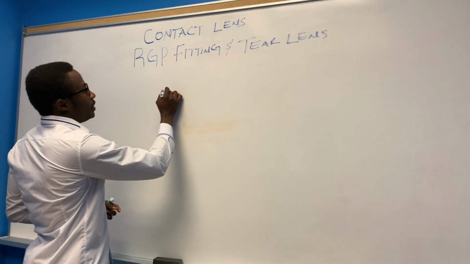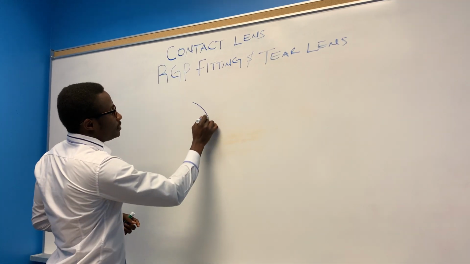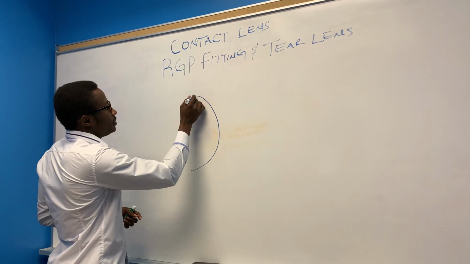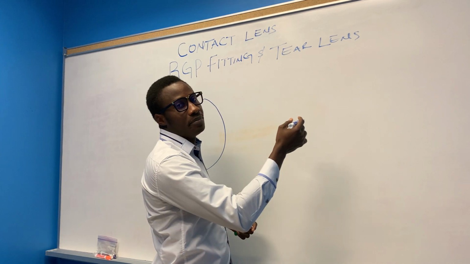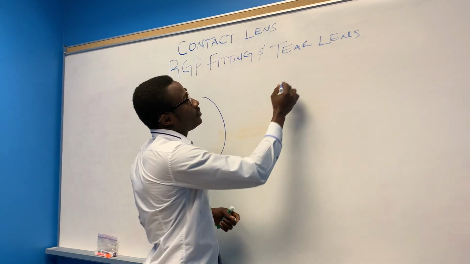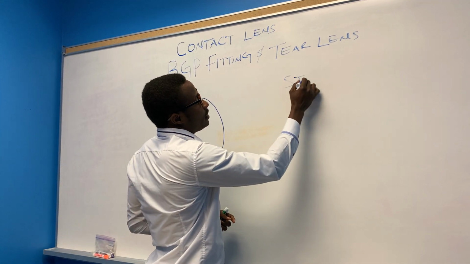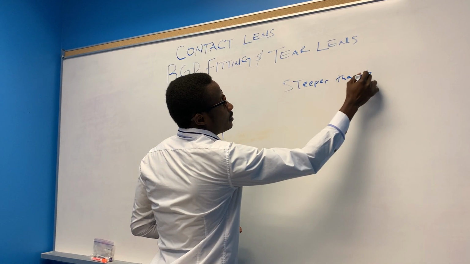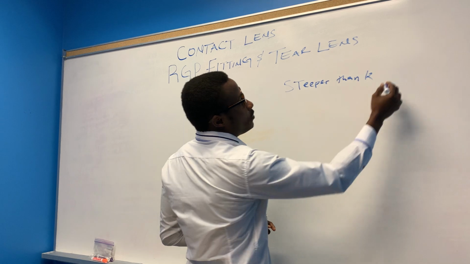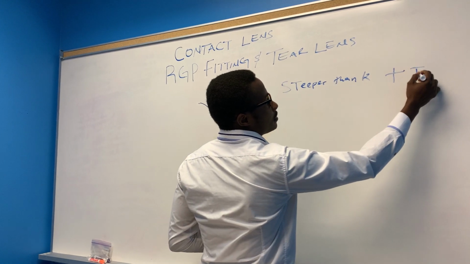Now I go again. This is the cornea. Before then, I need to let you know that an RGP lens can be fitted steeper than K. Whenever it's fitted steeper than K, we are creating a positive tear lens.